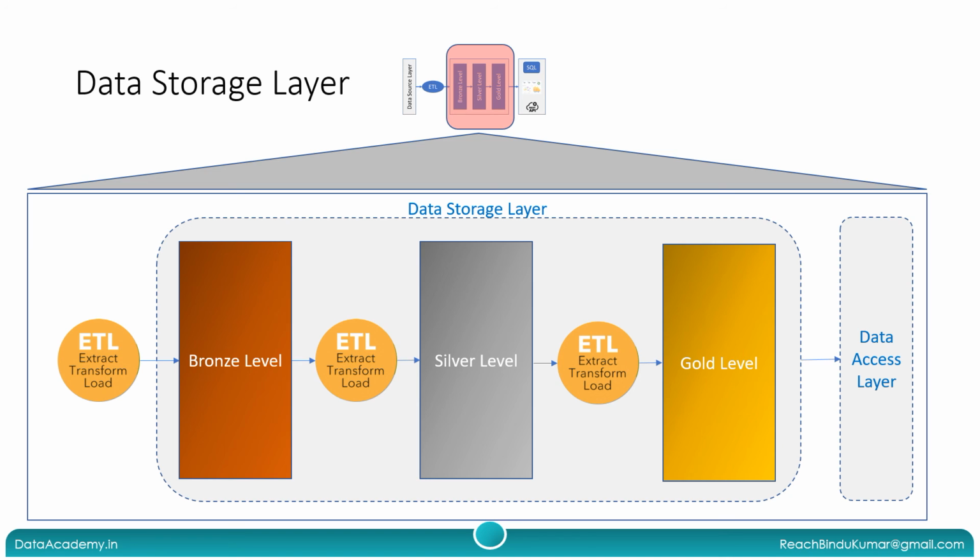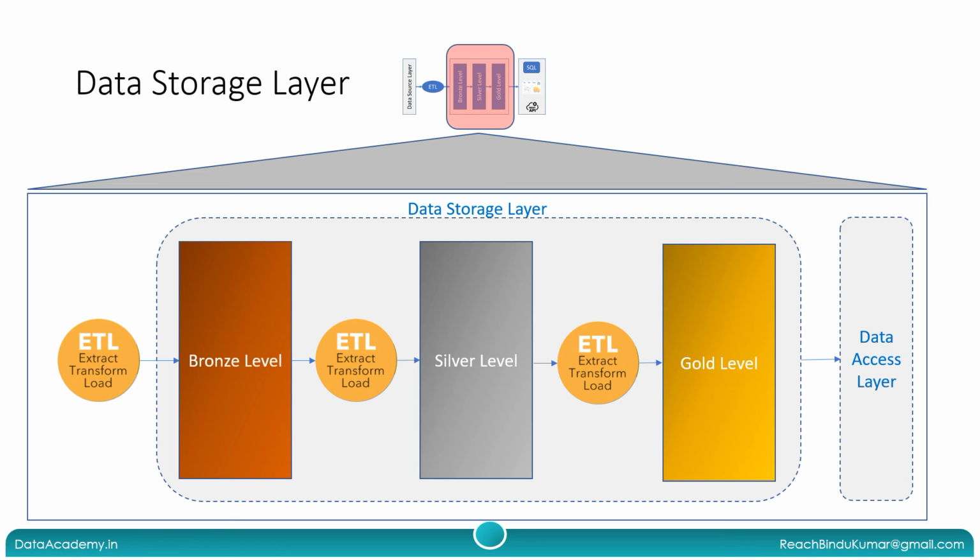So what we do is we will pre-aggregate the tables, right? We'll pre-join the tables, pre-aggregate them, and make it available as a single table. And that single table is considered to be a gold level table. So the gold level represents data that is use case specific or aggregated.